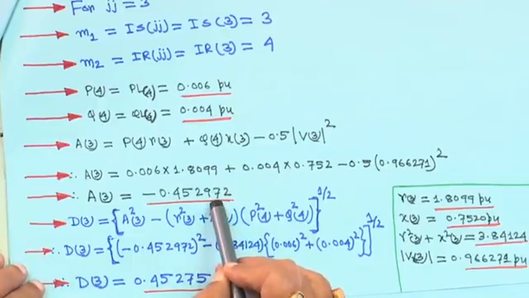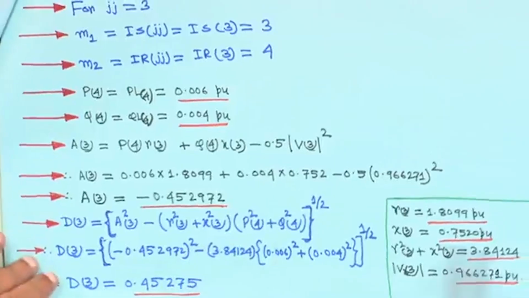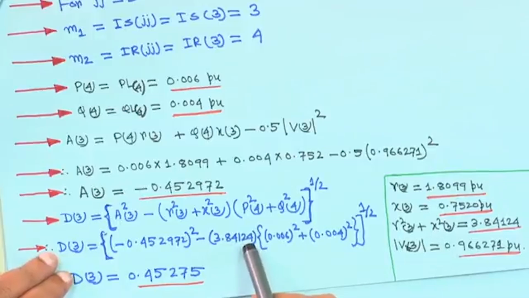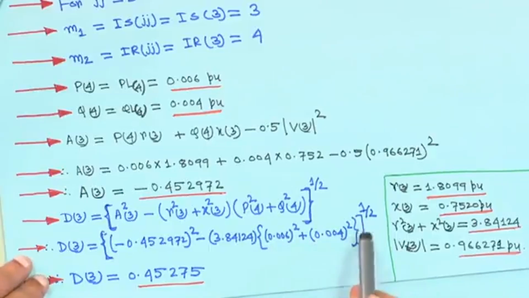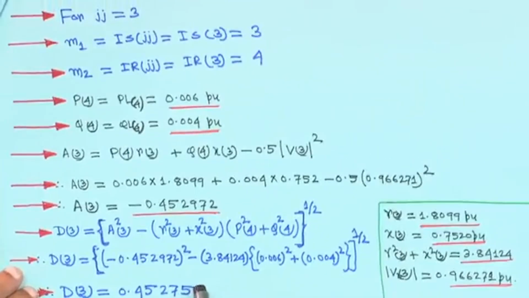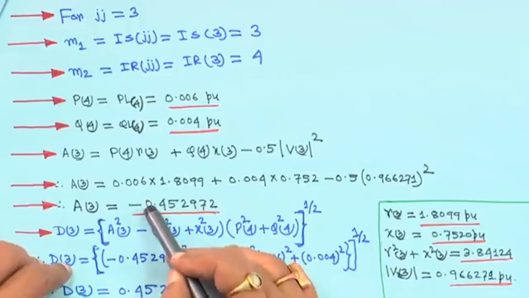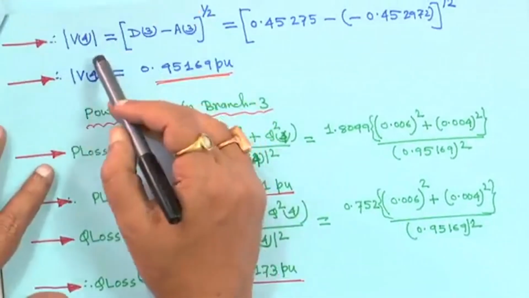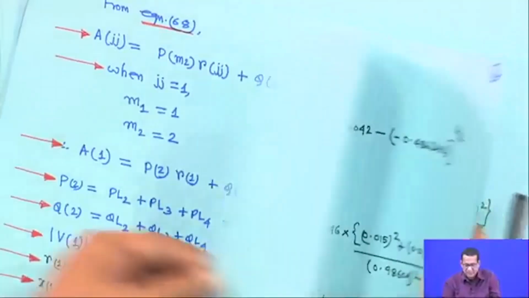A 3 we have just computed, minus 0.452972 square, minus R 3 square plus X 3 square, which I have computed here as 3.84124, into P 4 square plus Q 4 square, that is 0.006 square plus 0.004 square, whole to the power half. So, it is coming actually 0.452. Every time, as I told you, this and this are very close in magnitude, but this earlier one has a minus sign, right. Therefore, from the voltage equation, V jj is equal to D jj minus A jj, that is your equation 66.